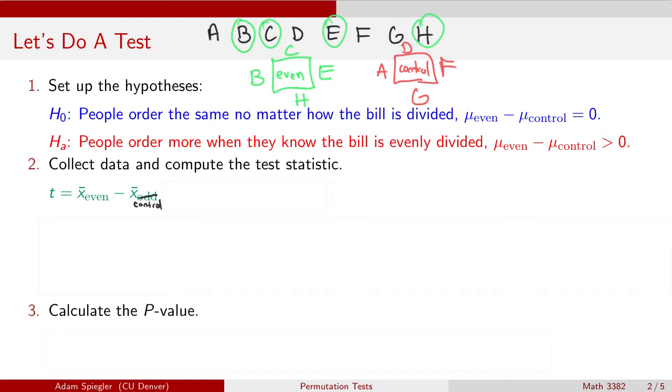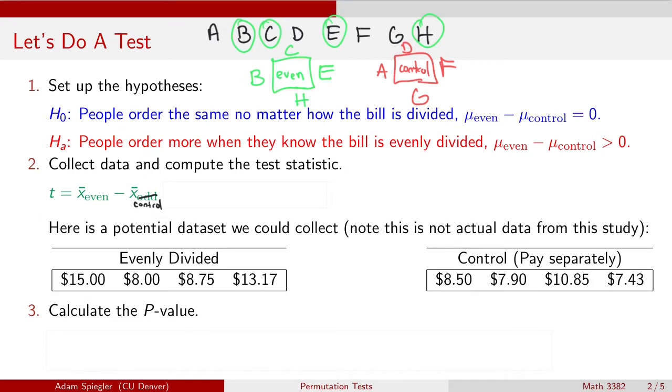Let's say, hypothetically, again, this isn't actual data, we collect some data, and it goes like this. The evenly divided table, well, one person ordered 15, 8, and so on, and then we would add up these amounts and divide by 4. Whereas at this table, each of these 4 people pays just for what they ordered.